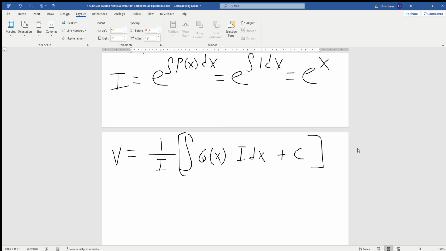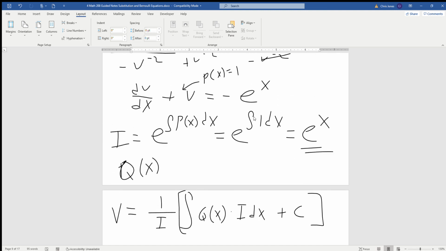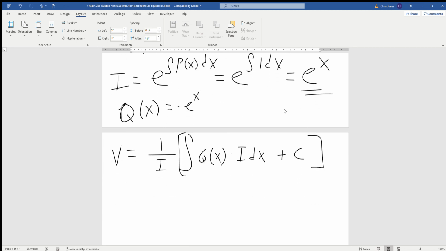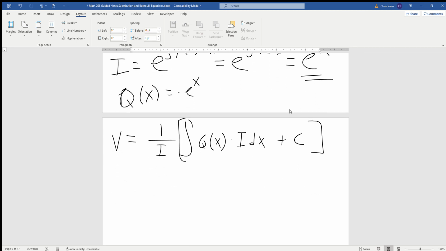We found that I was e to the x, and q of x in this case is what's on the right-hand side, which is negative e to the x. Notice this is going to work out really well. So it's 1 over I, which is e to the x, times the integral of q of x, which is negative e to the x, times I, which is e to the x, dx plus c.